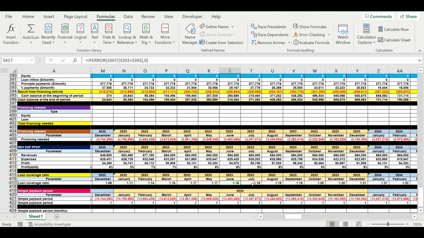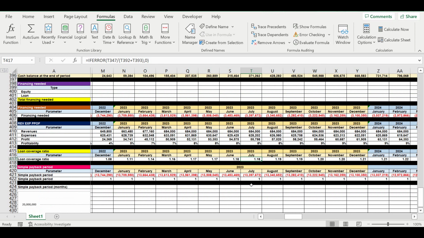If it is negative, it means that you have even losses, and you need to rethink your business concept. If this value is sufficiently more than 1, for example 2, 3, or 4, this means that your business idea is quite stable and your loan payments are sufficiently covered inside your profit. So it's good news for you.